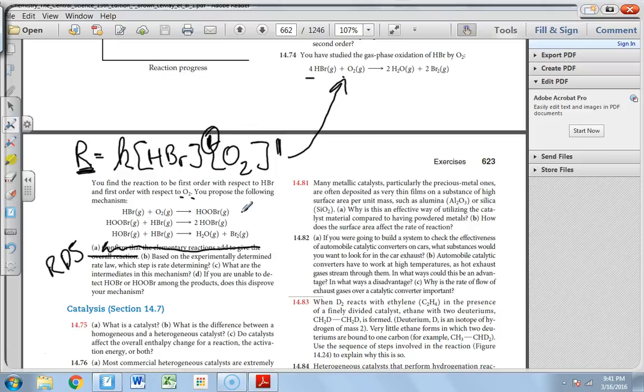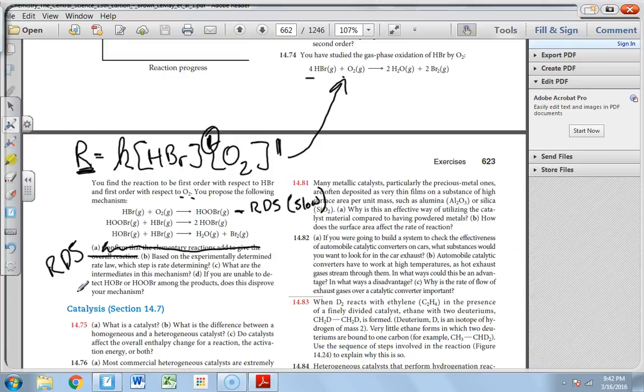Which reaction has a coefficient of 1 for HBr and a coefficient of 1 for O2? Well, it's this reaction right here. So that first reaction is what we call the rate determining step, or sometimes we would call it the slow step. And it says what are the intermediates in this mechanism?